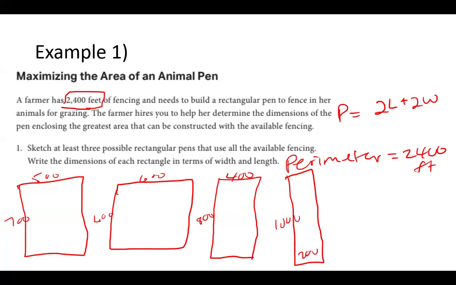Okay. So we have 1,150 by 50. Okay, that's the best I can do. Group 6. We have a 750 by 450.